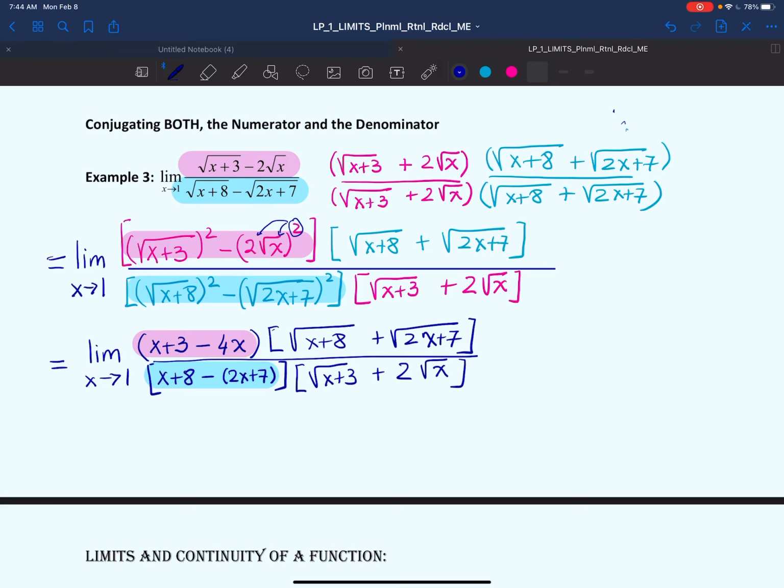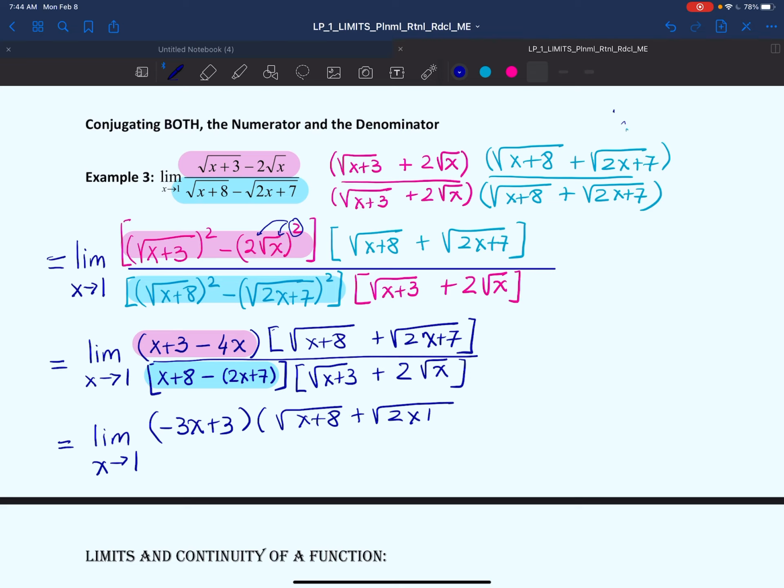So let's check and see what we have created in here. Hopefully something good, something that makes sense. So x plus 3 minus 4x equals negative 3x plus 3. And then multiplied by root of x plus 8 plus root of 2x plus 7.